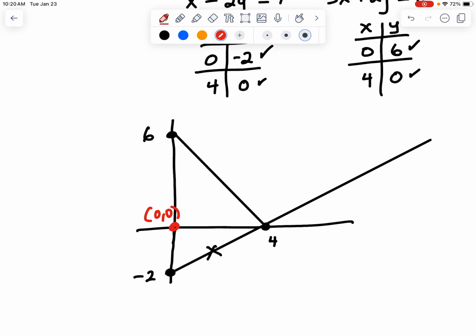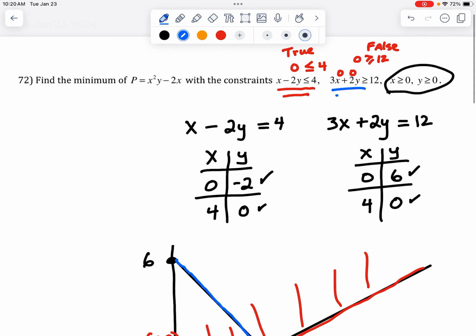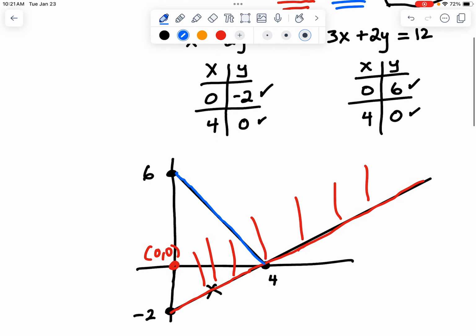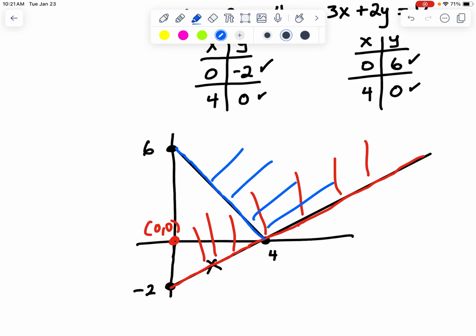And so the 0, 0 was true for this line right here, which means for the line that I just made red, we need to be where 0, 0 is, so that's above it. And then for this line, which was this equation, that part was false, so it's not supposed to be below the blue one, it's supposed to be above the blue one. So in the end, if I get a nice highlighter, it's basically supposed to be all of this area here.